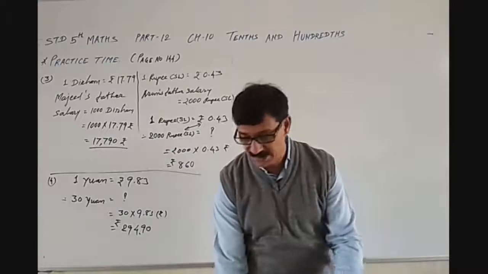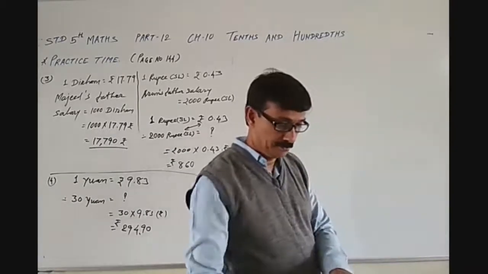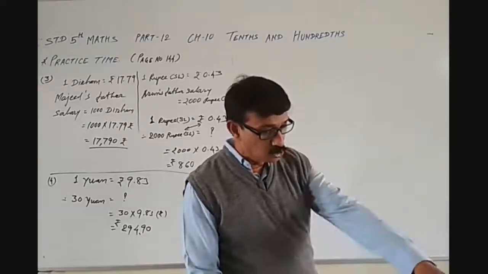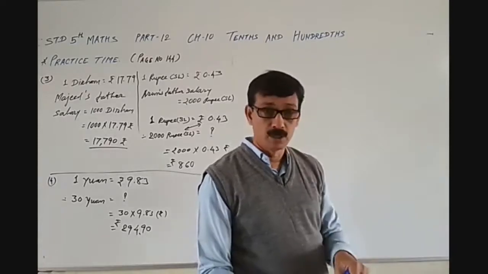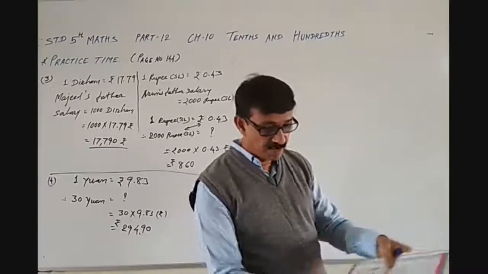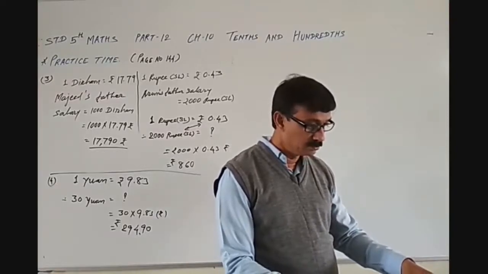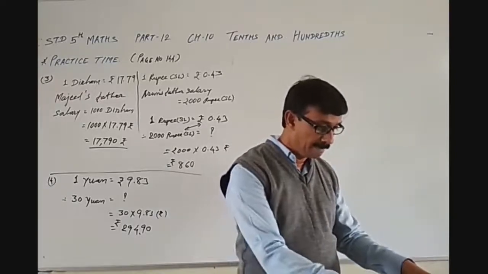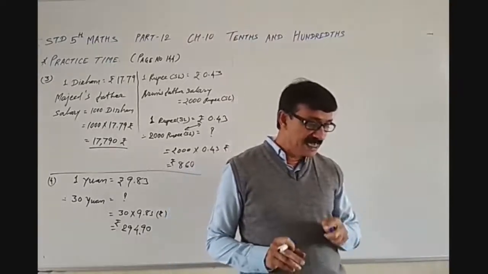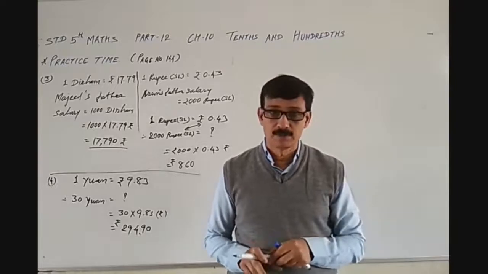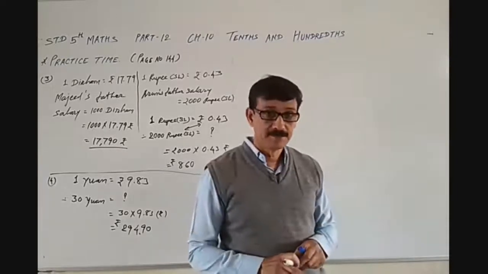The next question is this. Astha wants some Hong Kong dollars and won. First question, how many won can she change for rupees 4 and for rupees 400?